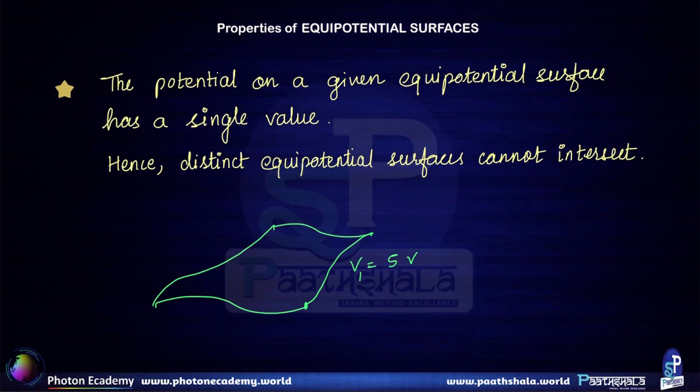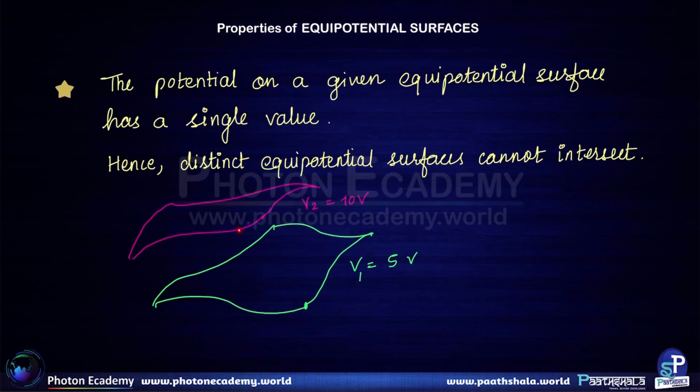If we have another equipotential surface here, then let's say this surface has V2 is equal to 10 volts. We can conceptually visualize that this surface can never even touch this surface. They cannot intersect even in one single point, let alone a line or a surface area.